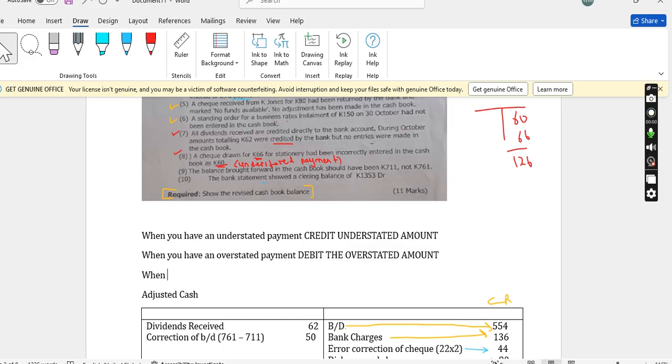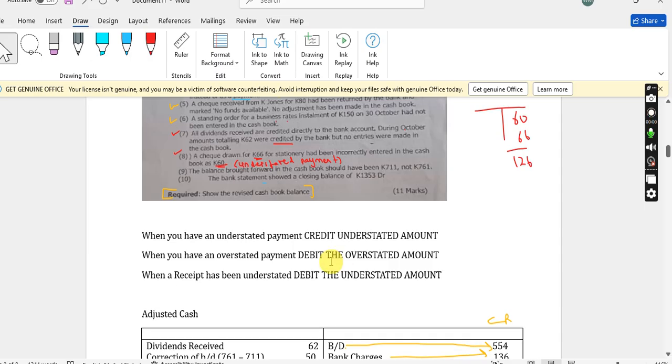When a payment or a receipt has been understated, you debit the understated amount. When a receipt has been understated, debit the understated amount.